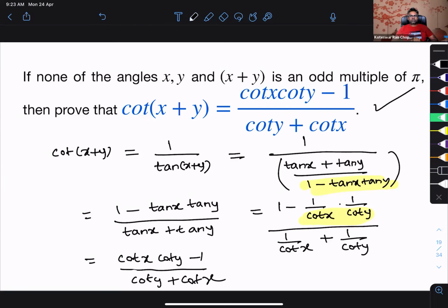So a and b are equal to x. If you do that, your a plus b is 2x. And then cos a into cos b is basically cos x into cos x, so you will write it as cos square x. And then sin a into sin b is sin x into sin x, so you will write that as sin square x.